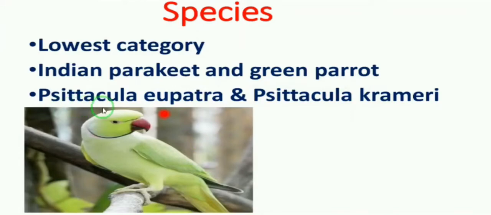Both belong to the same genus and to different species, eupatra and crameri, because of slight variations. But the genus is the same, Psittacula. Understand, children? So species is the lowest category.